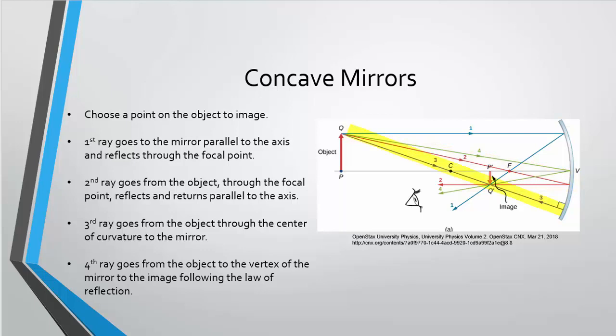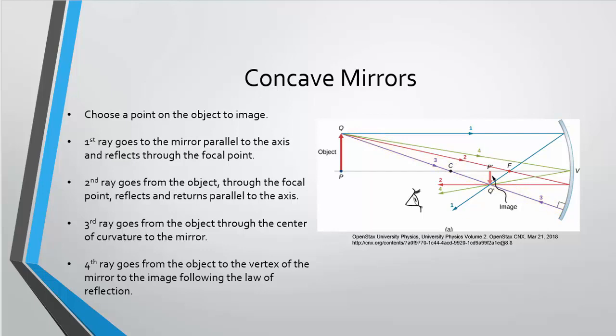A third ray goes from the object through the center of curvature into the mirror, and because it's the center of curvature, it goes right back out following the way it came in, but it will intersect the other two. So now you have 3 rays that intersect at a point to reflect the top of your arrow.